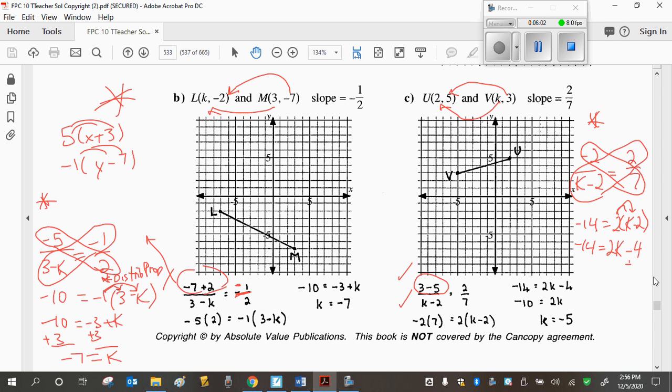And now this is an add or subtract first question. You've seen these by now. You need to know how to do them. You do the opposite of subtract 4. You add 4 first, and then you divide by 2 to get k equals negative 5, written either way. Okay, I'll let you pause that and write down.